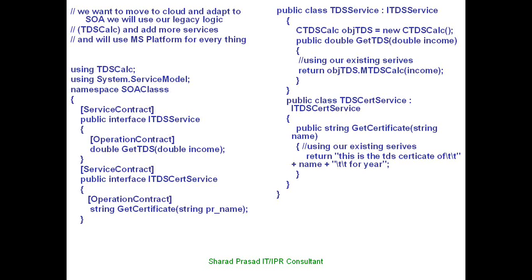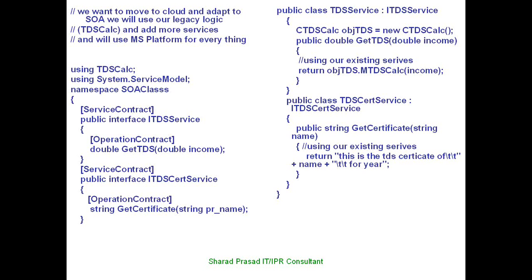Now operation contract is the attribute for methods which decides whether the method is one way, duplex, simplex, or request reply, right? So here, because we have a request reply, by default it gives that request reply, so we are not mentioning any value to that.